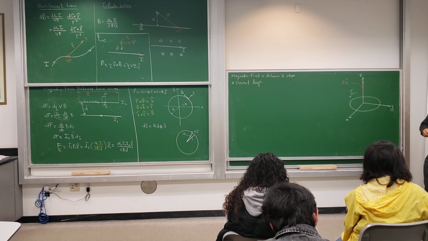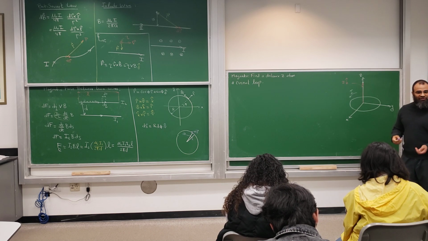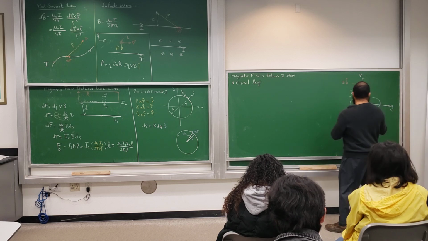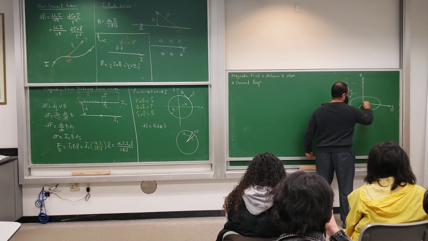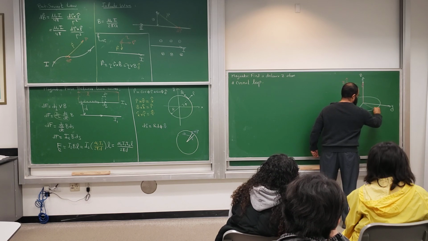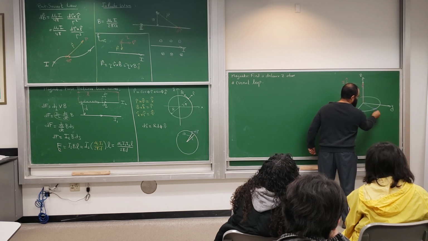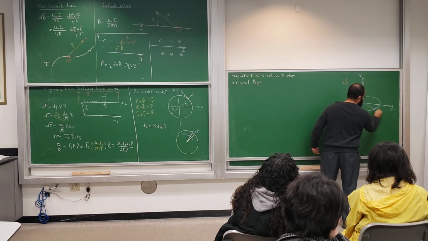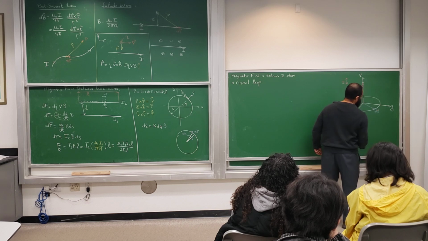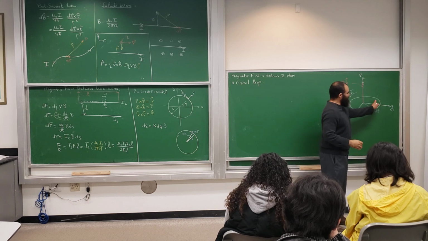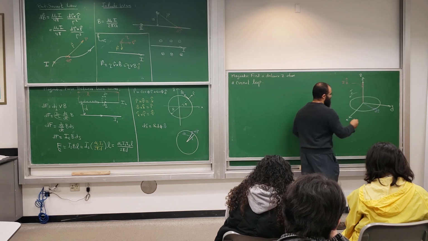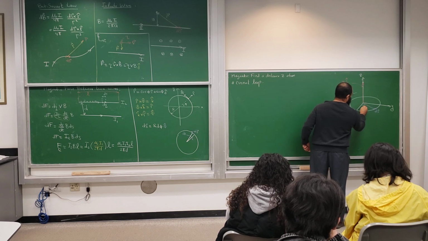Now let's look at the current. Let's take a small segment of the current, here. The current runs tangent, that's ds. Everywhere it's tangent to the circle, and this is theta or phi.